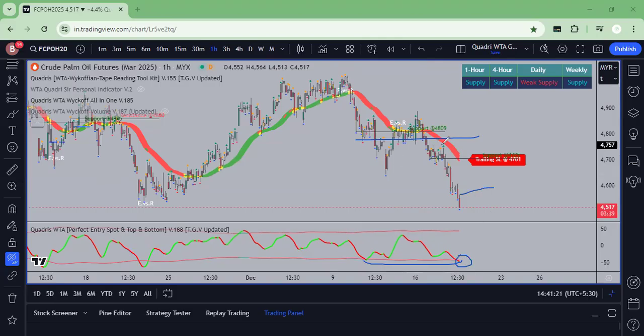If you have initiated any position around this particular point, or in this particular area, you should be on a lookout for tightening your stop loss, or trailing your stop loss, because we don't know how far this price will go downwards, or whether we would get a pullback from this particular point. So this is an area where you can exit the position, because we have already reached the previous bottom. You can see this is the previous bottom.